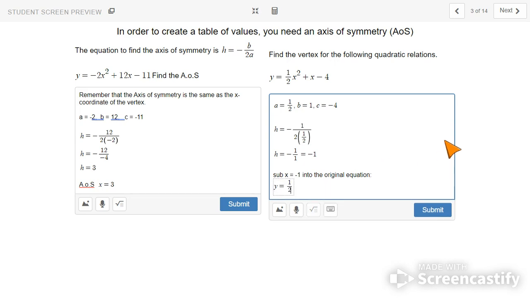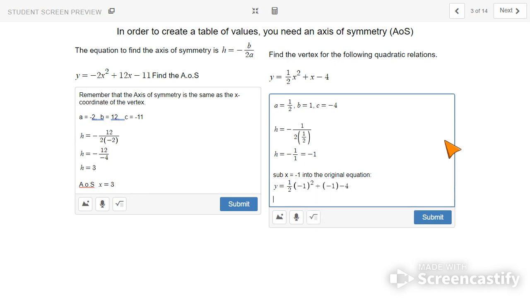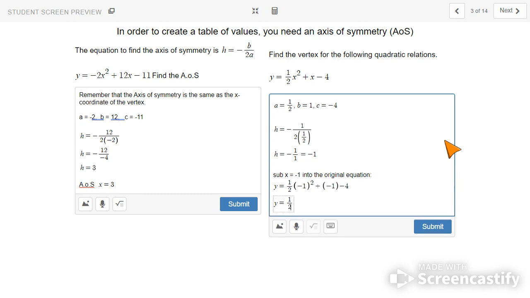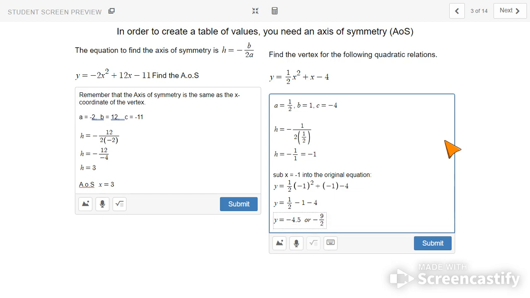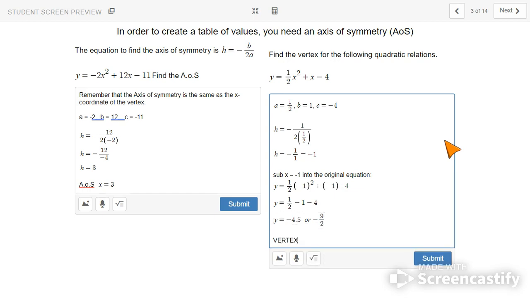So we have y is equal to half times negative 1 squared plus negative 1 minus 4. y is equal to 1 over 2 minus 1 minus 4. y is equal to negative 4.5, or as a fraction, negative 9 over 2. So our conclusion: the vertex is (negative 1, negative 4.5).